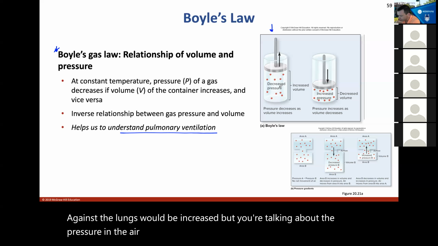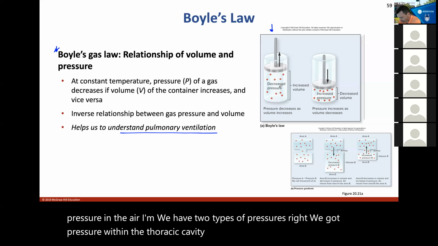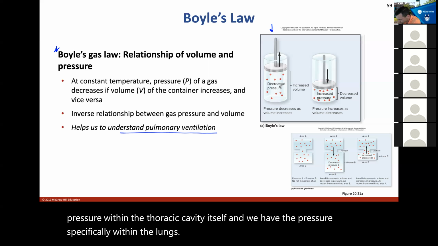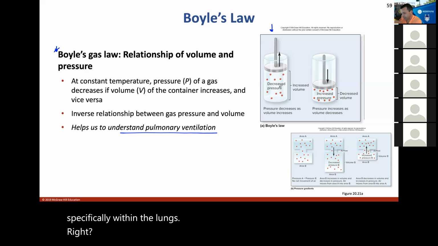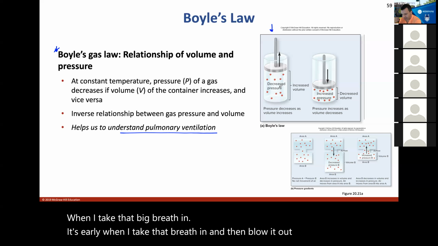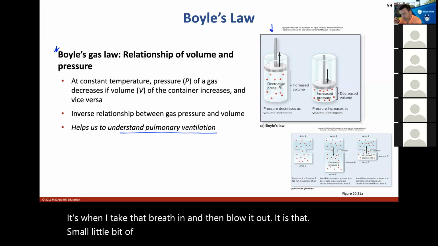We have two types of pressures, right? We have pressure within the thoracic cavity itself, and we have the pressure specifically within the lungs. When I take that breath in and then blow it out, it is that small little bit of extra pressure within the alveoli, within the lungs, that helps prevent it from collapsing.